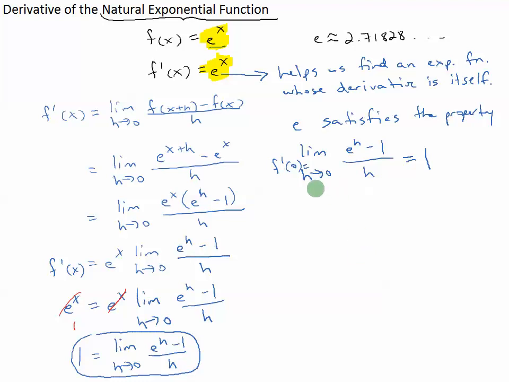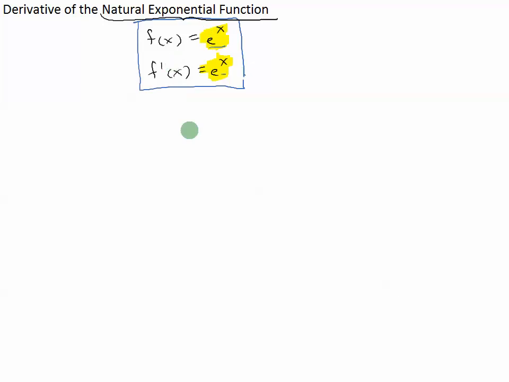But e is a number that satisfies this property, and the function e to the x satisfies this property that its derivative equals itself. So this is the main point of the video, and you could interpret it many ways. We've already said e to the x is its own derivative.